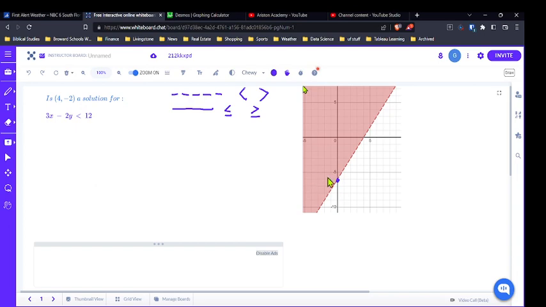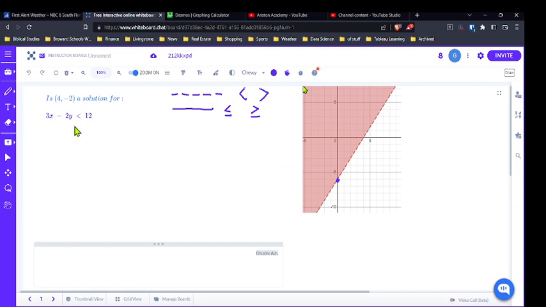Okay, so that's what you've got to know about dashed lines: the line itself is not part of the solution space. Okay, but now going back to this, is (4, -2) a solution for 3x - 2y < 12?